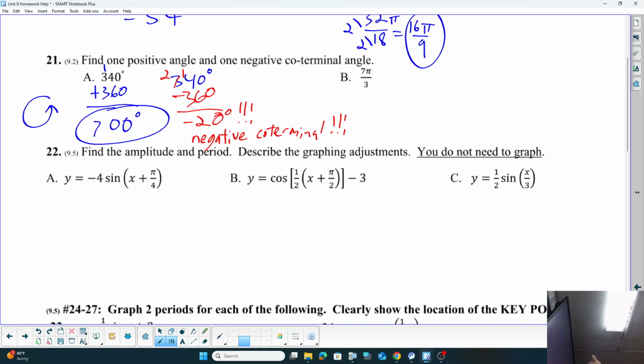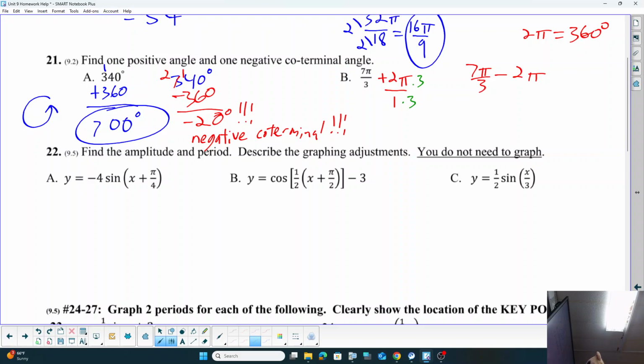So what if it's in radians, Mr. Newell? If it's radians, you just add 2 pi, as well as 7 pi over 3 minusing 2 pi, because 2 pi is equal to 360 degrees. We need thirds, so we're going to have to times it by 3 to the top and bottom.